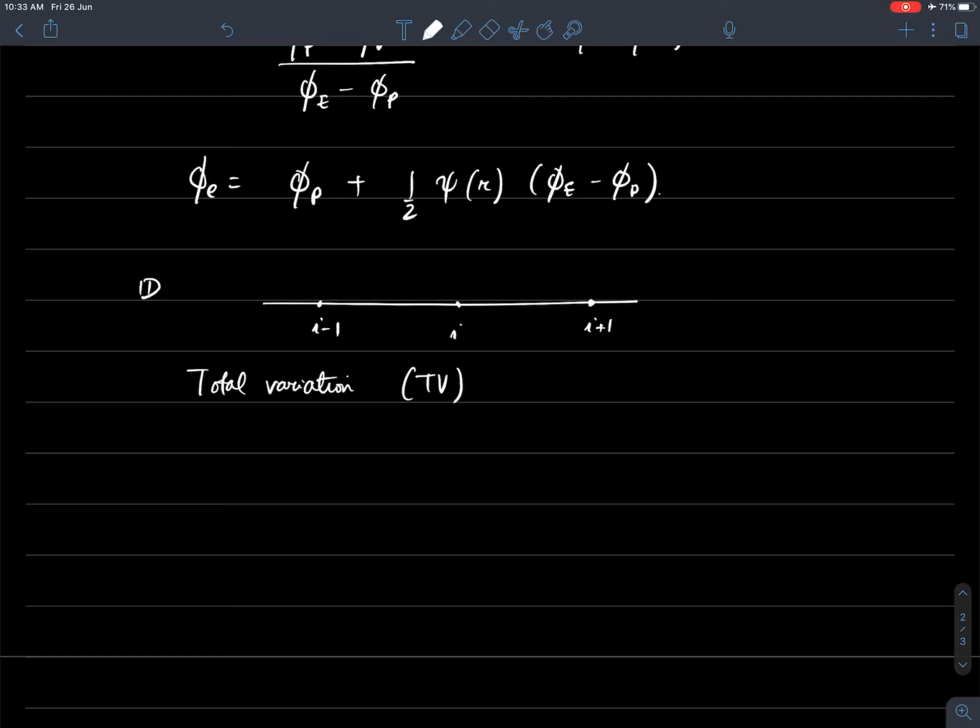I'm going to write total variation as TV. Total variation could be written for a problem as the modulus of the difference phi I plus 1 minus phi I, summed over all the grid points. So nx here is the number of grid points.